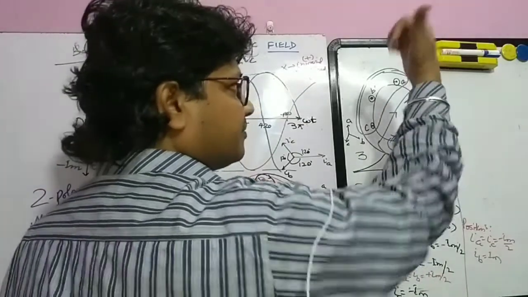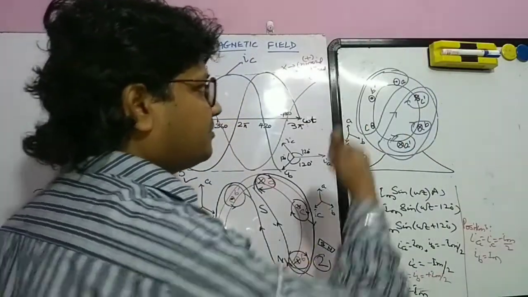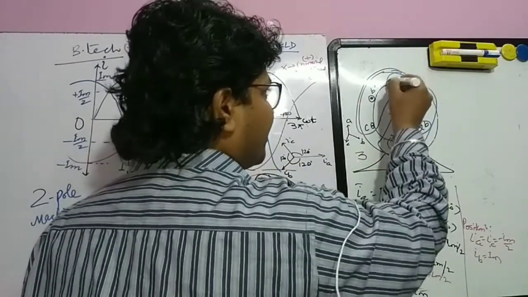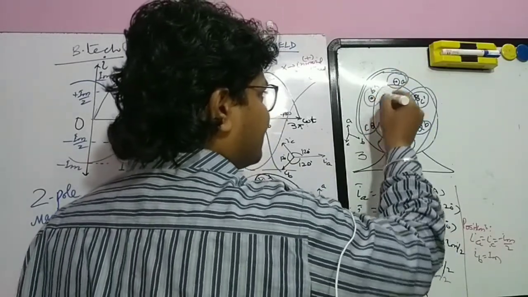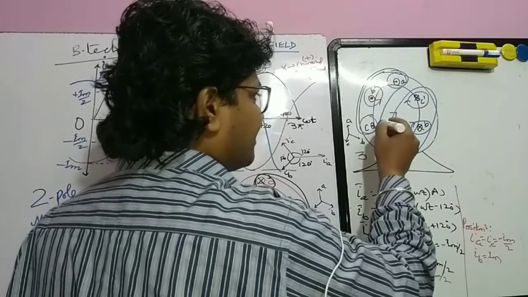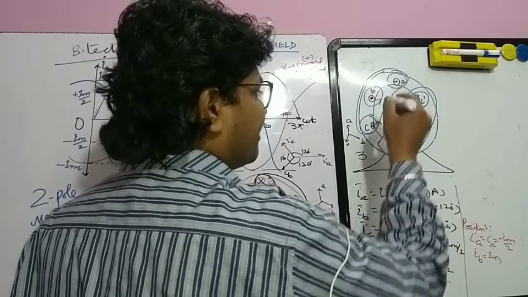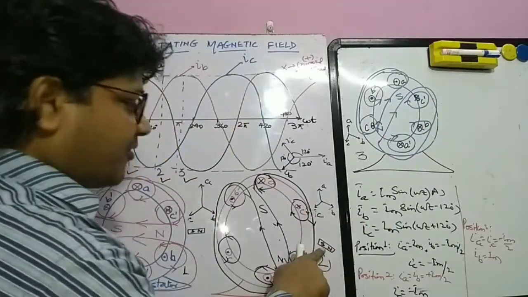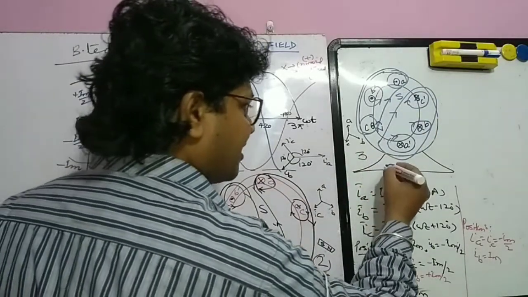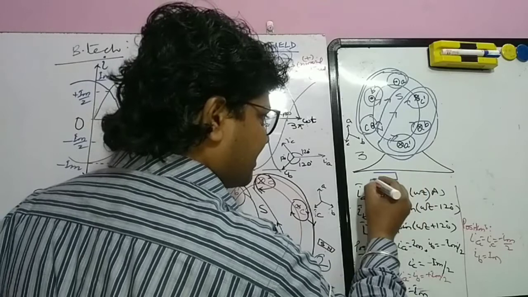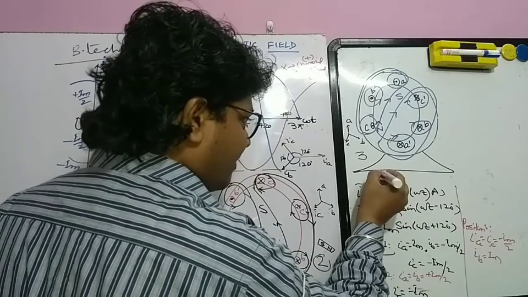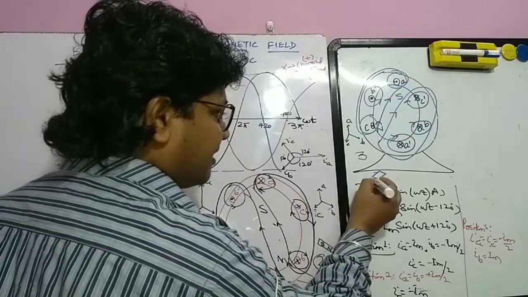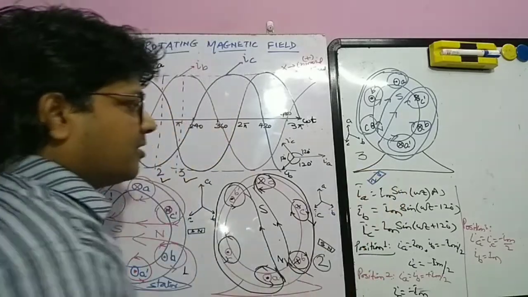If current is coming outside, it will be like this, right? So this is north and south. The magnet was here, now it is here. You can see this magnet is north and south.